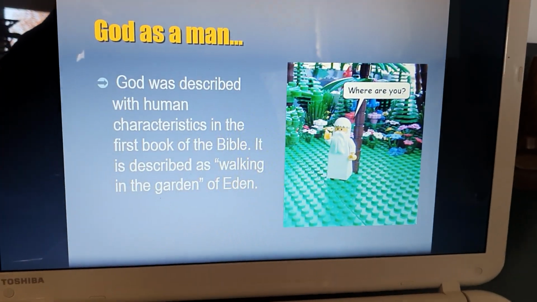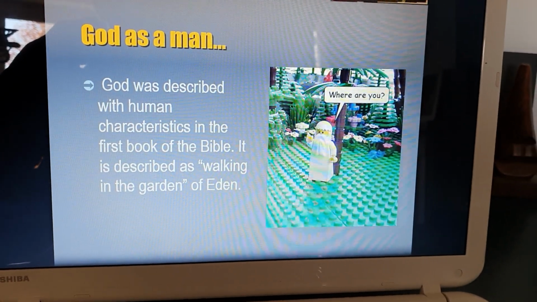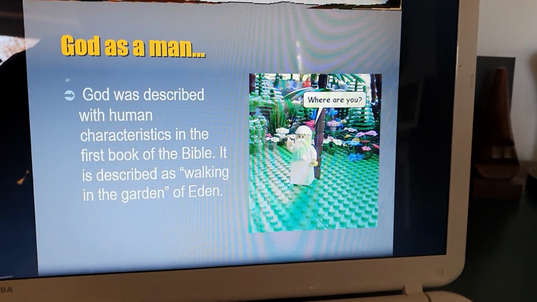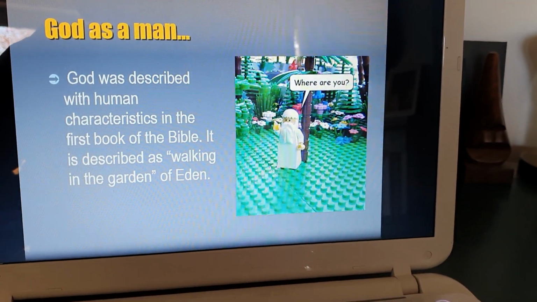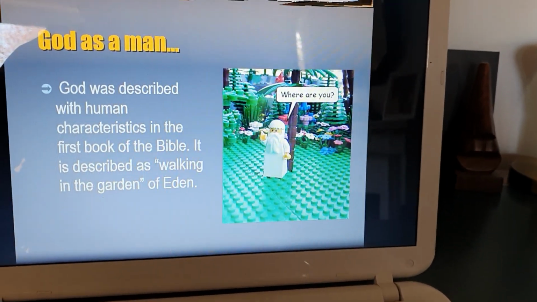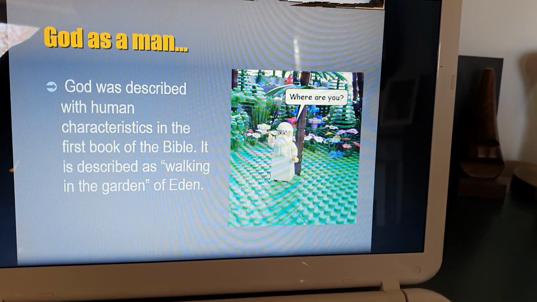Anyway, the next activity is to think about why we speak about God sometimes as if God were some sort of human being. I wonder why we do that. For example, sometimes God is described as being some kind of human being. In the Genesis, God is described as walking in the Garden of Eden and creating humans in God's image.